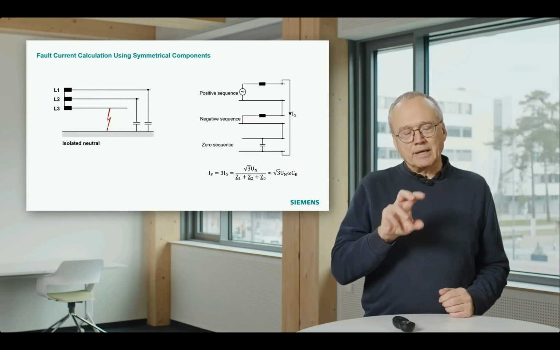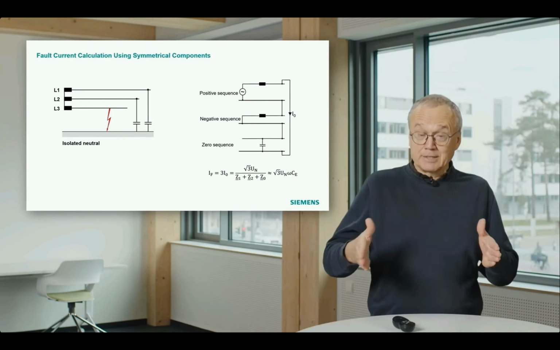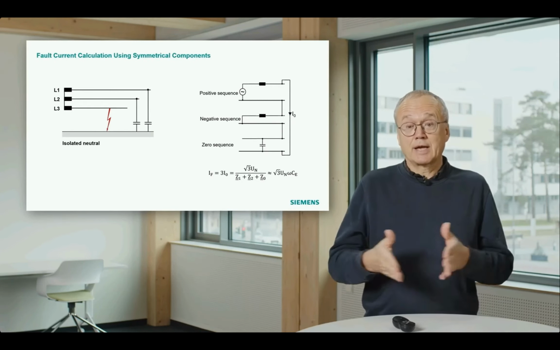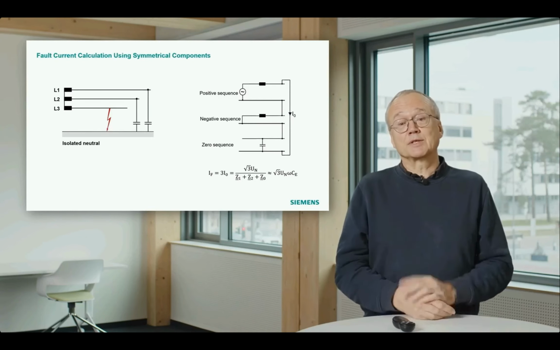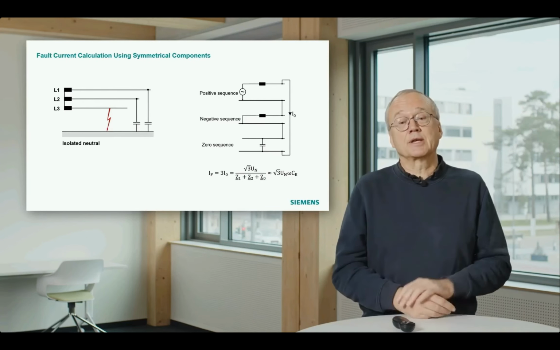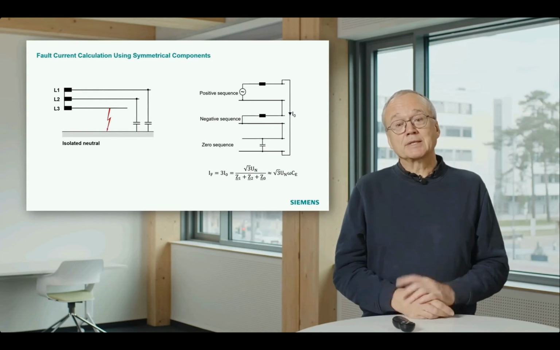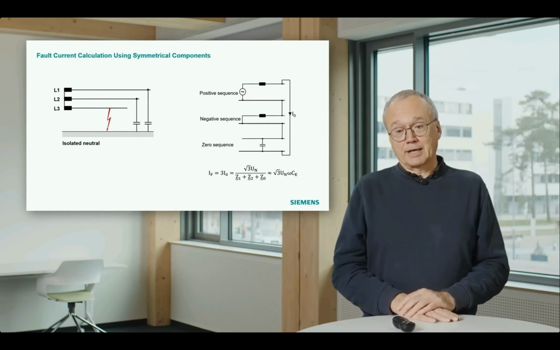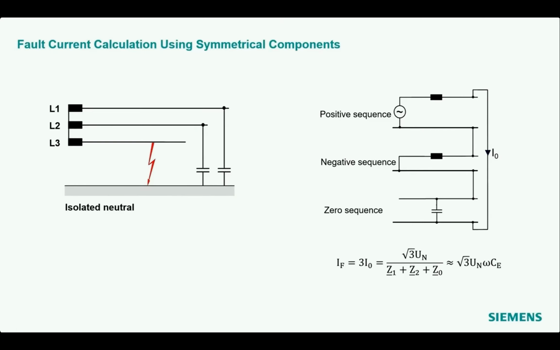That means the bigger impedance, 3 impedances are zero connected, and one of the 3 impedances is really the biggest one, that is the impedance formed by the line capacity. So that is really the influencing thing.